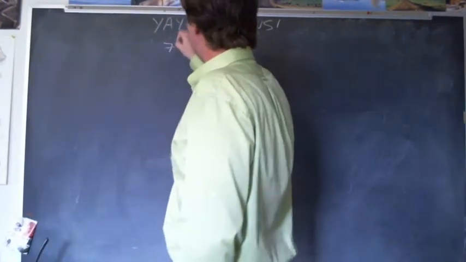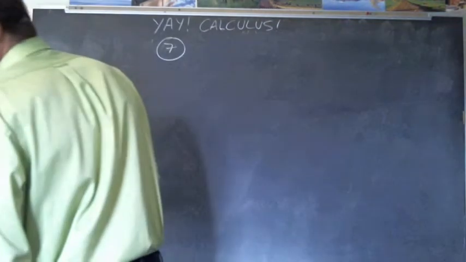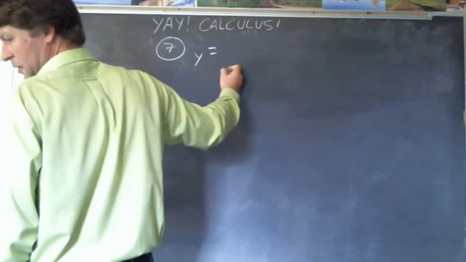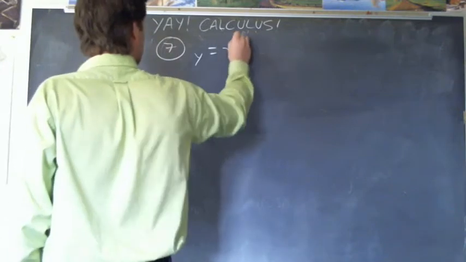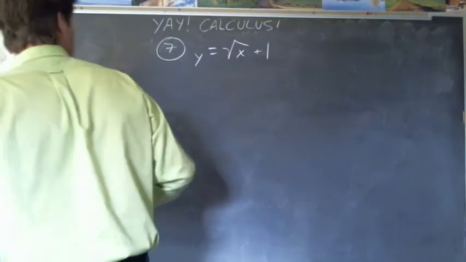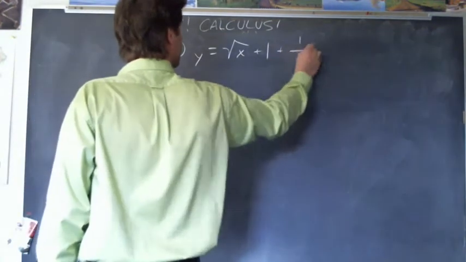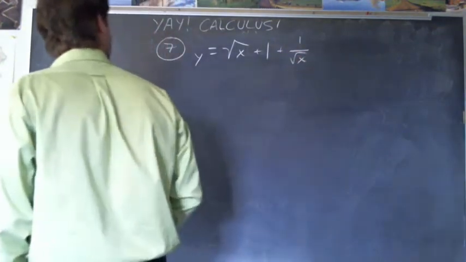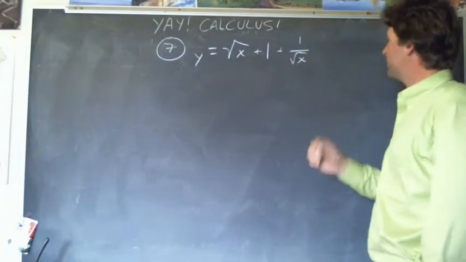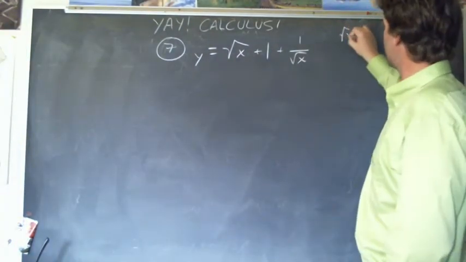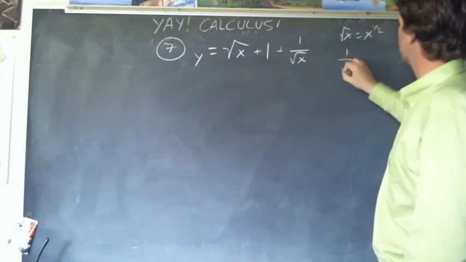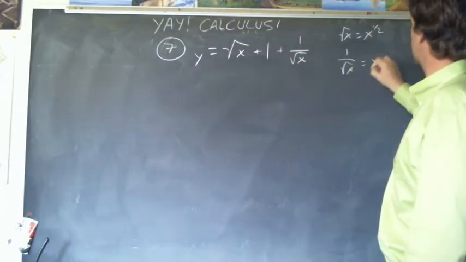Number 7. Y equals square root of x plus 1 plus 1 over the square root of x. Take each of these singly, remembering that the square root of x is the same as x to the 1/2, and that 1 over the square root of x was x to the negative 1/2.